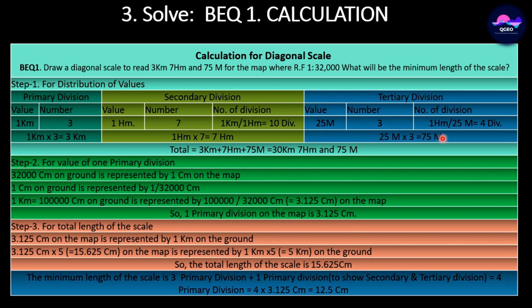Here is another question: what will be the minimum length of the scale? Remember that for minimum length of the scale we always take the number of primary divisions plus one extra primary division for showing the secondary and tertiary divisions. So the total primary divisions will be 3 plus 1, that is 4 primary divisions. 1 primary division equals 3.125, so for 4 primary divisions it will be 12.5 centimeter.